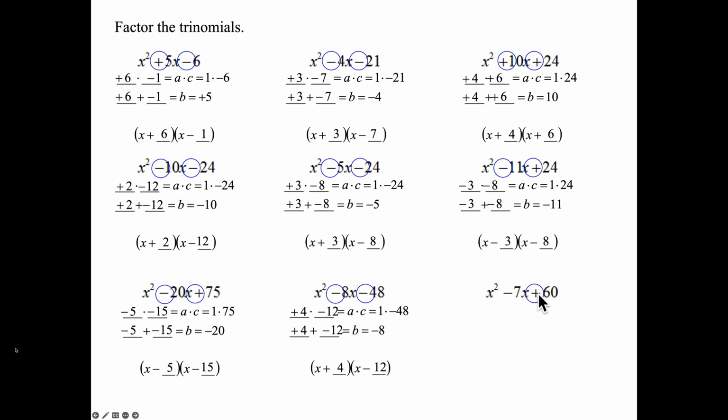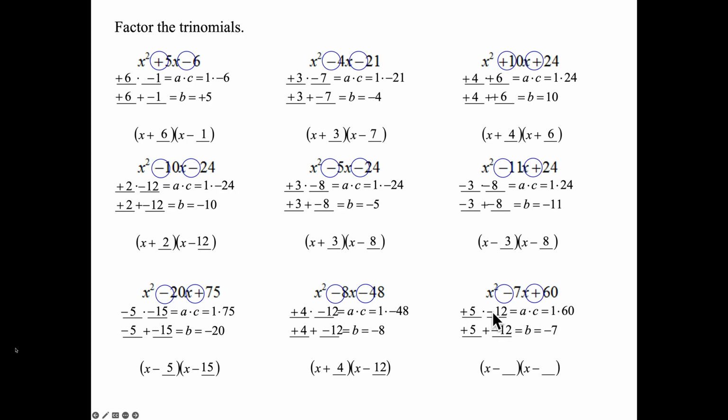Plus 60, the signs are the same, and they're both going to be minus signs. x minus, x minus. All right, let's find those numbers. What two numbers multiply to be 60 and add up to be, wait a minute, add up to be 7, so they both have to be smaller than 7. The only two smaller numbers I have that could possibly work are 6 and 5, but that multiplies to be 30. So in this case, I can't find, 12 and 5.